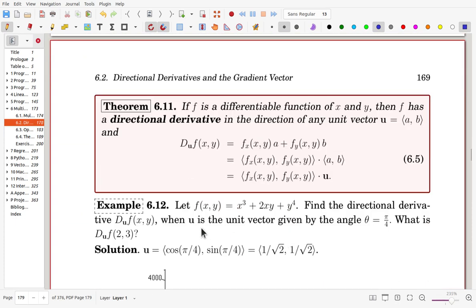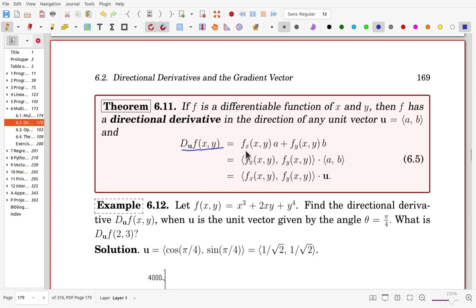Here we have a theorem. If f is a differentiable function of x and y, then f has a directional derivative in the direction of any unit vector u equals (a, b), and the directional derivative in the direction of u is f sub x times a plus f sub y times b.